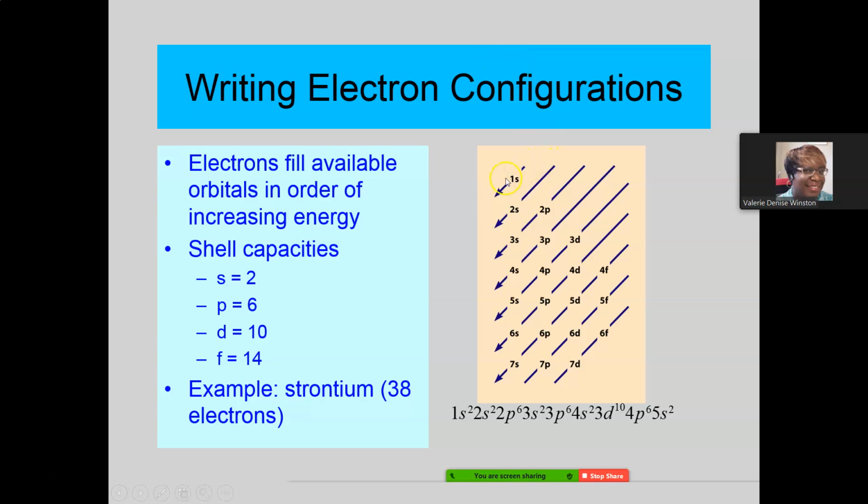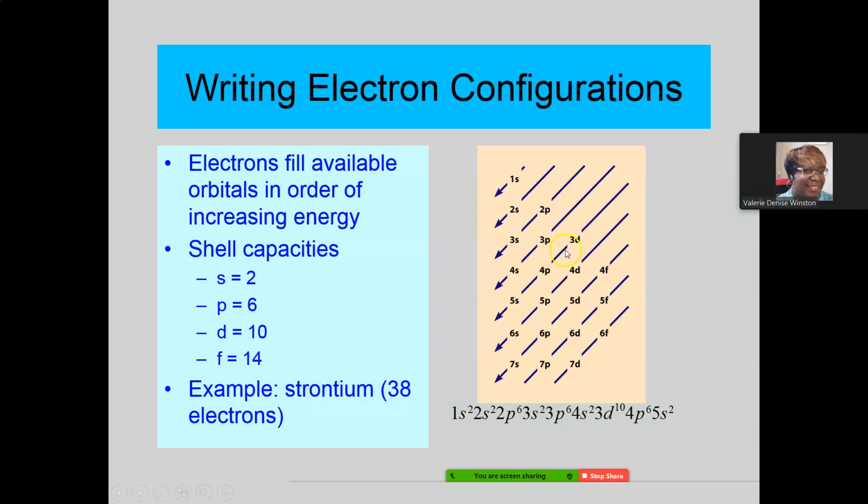So let's count. 1s is how many? 2. 2s? 4. 2p is? 10. Yeah, 6 is 10. 3s? 12. 3p is? 18. 4s? 20. 3d is how many? 6.